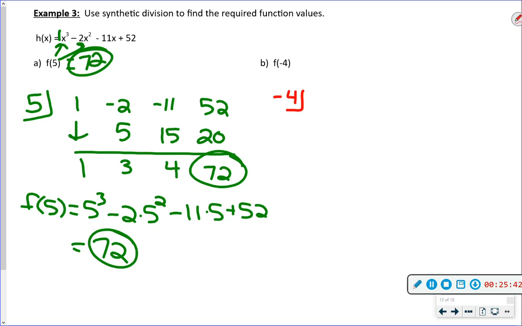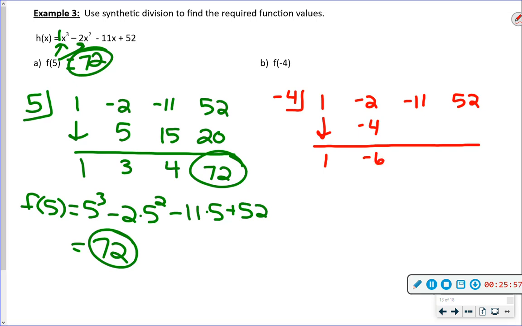It's already solved for. It's not in factor form. It wasn't x plus 4 or anything. Same polynomial, so same coefficients. -4 times 1. Add it. -4 times -6. Add it. -4 times 13.